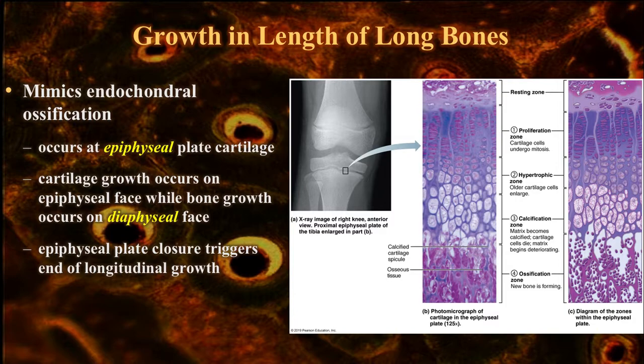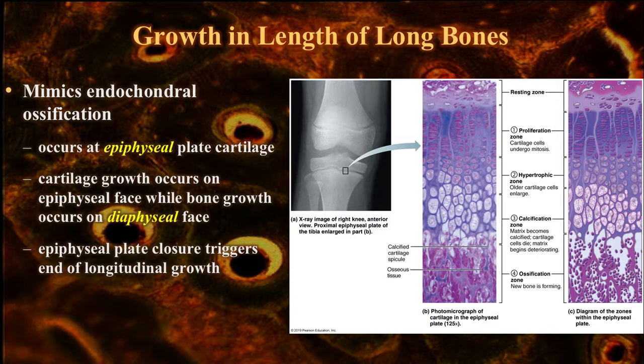So on this side, the bone is growing, and so it moves up. So little by little, cartilage grows, bone grows, cartilage grows, bone grows, and you end up making the bone longer and longer. And that process just keeps on going through adolescence.